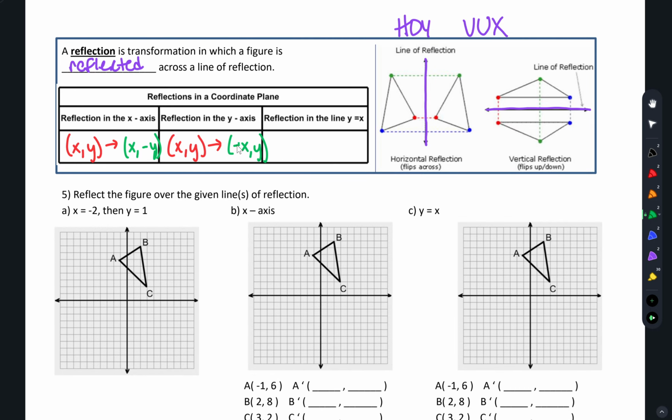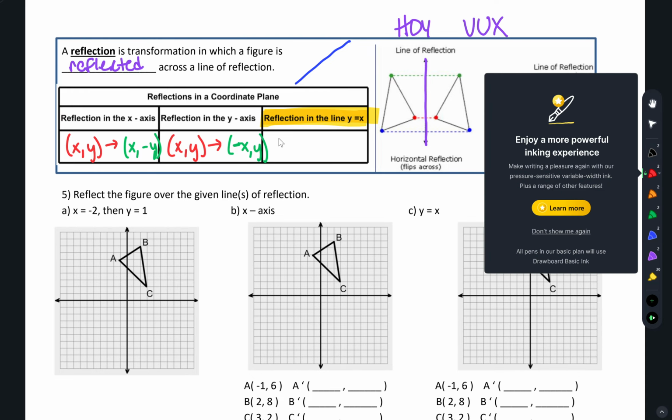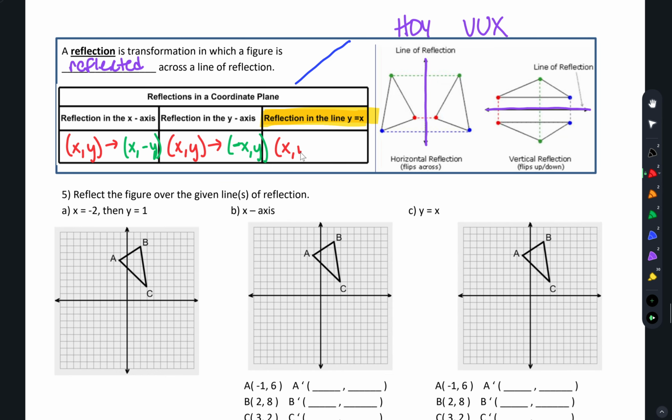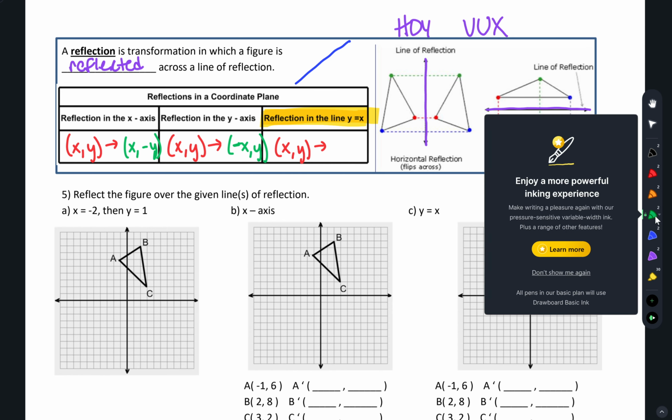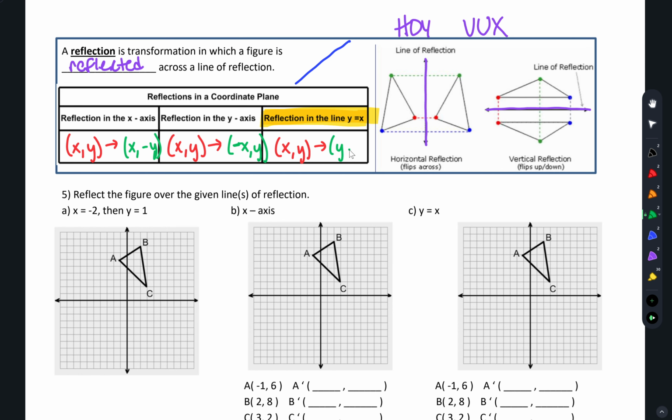So this time the x value will become negative. And this one, if there is any one that you are going to memorize, I would recommend we memorize this last one right here, which talks about a reflection over the line y = x. Now the line y = x is just a regular old diagonal line with a slope of 1 and a y-intercept of 0. And its transformation function looks like (x, y) becomes (y, x). The x and the y values get flipped.